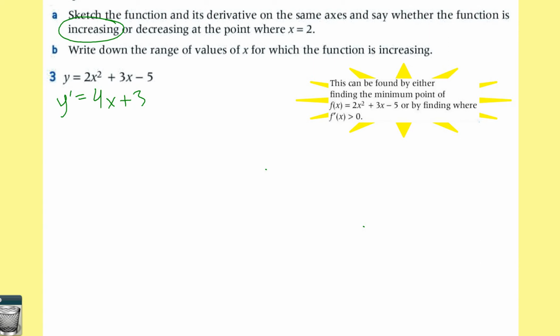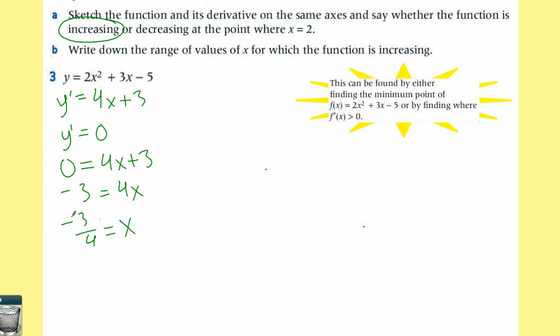I like to do it algebraically, so I want to find where the derivative is equal to 0. That finds my turning points. So 0 equals 4x plus 3, so we get x equals negative 3/4.